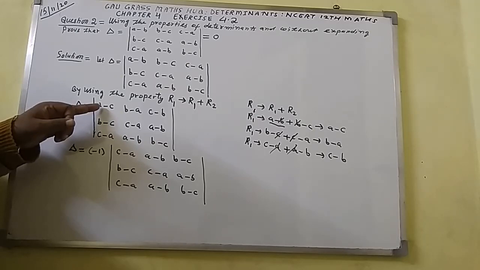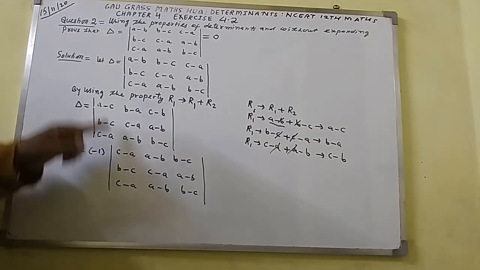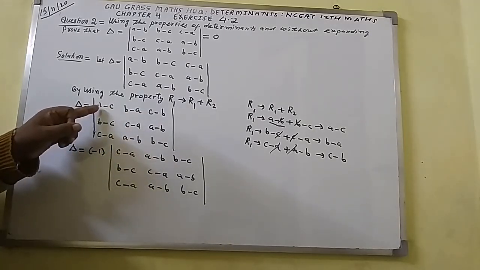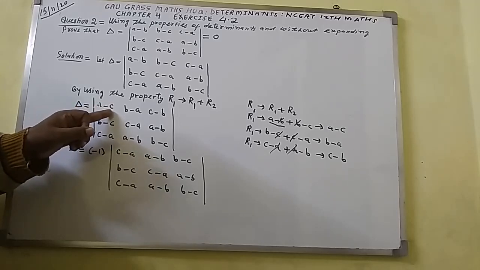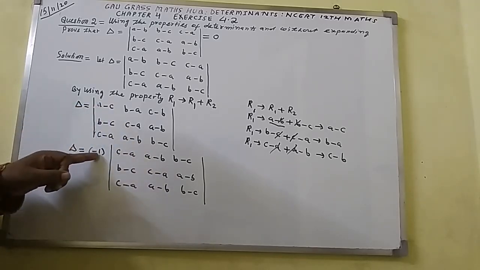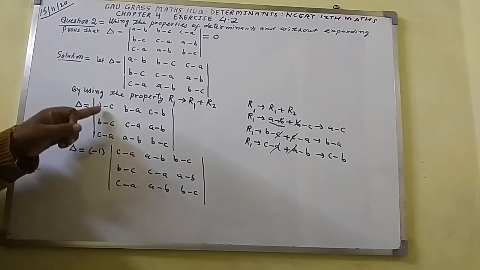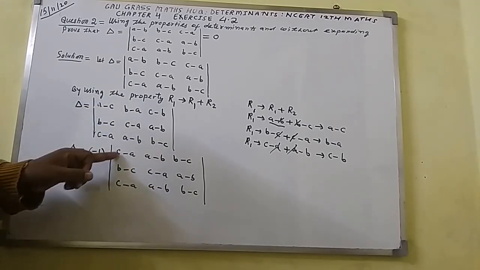The elements of first row will be reversed. From A minus C, I have taken minus 1 as common. So here in place of A minus C, I shall write C minus A.